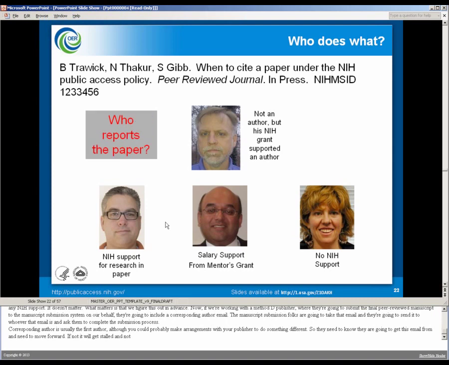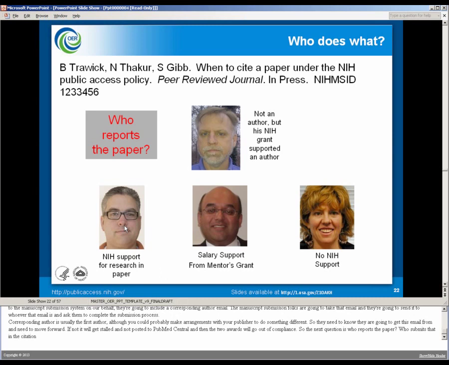The next question to think about is who reports the paper? So who includes that PubMed Central ID or manuscript submission ID in the citation? Well, under this scenario, Bart would when he writes his progress report, or if he includes it on his biosketch. I would include this paper on my biosketch because I authored it and it fell under the public access policy.